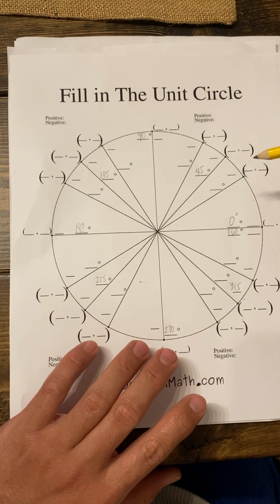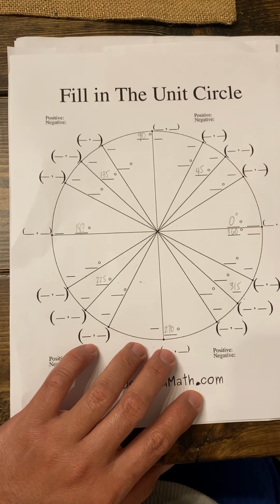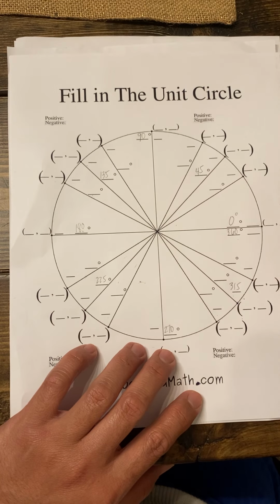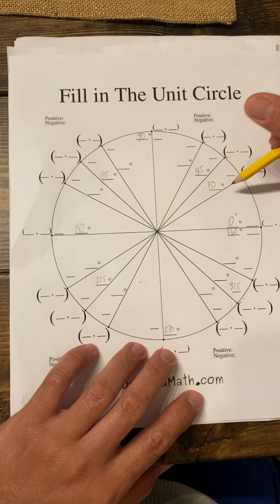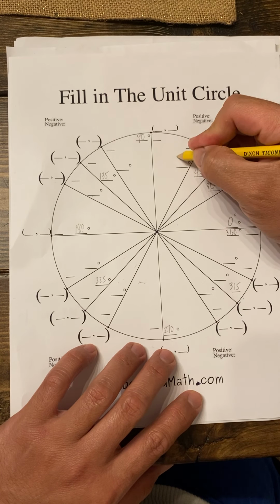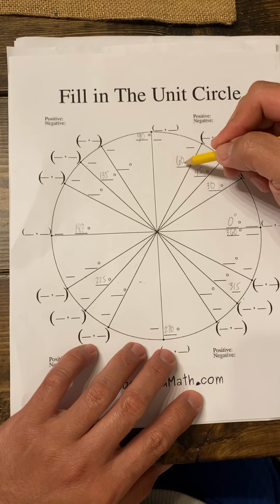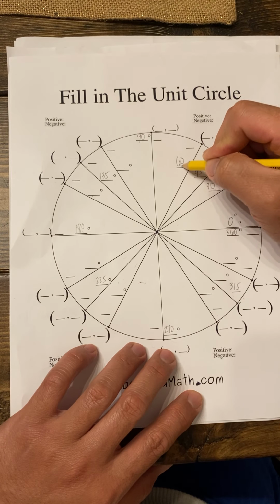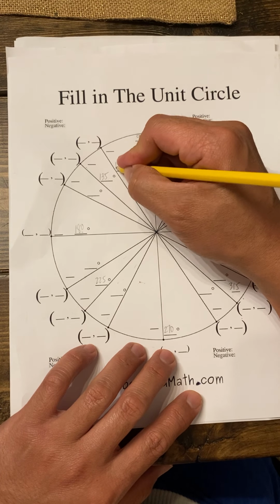The next portion uses the 30, 60, 90 triangle theorem. The smallest angle on the special triangle is 30, so you keep on adding 30 here. 30, skip, 30 plus 30 is 60. Plus 30 here, but this time you don't skip it: 60 plus 30 is 90. 90 plus 30 is 120.